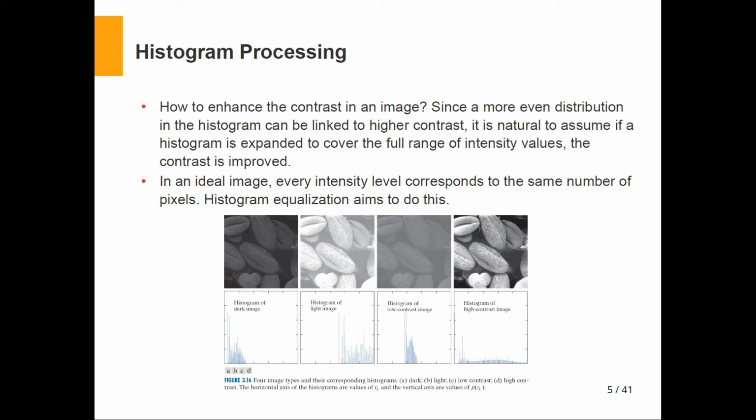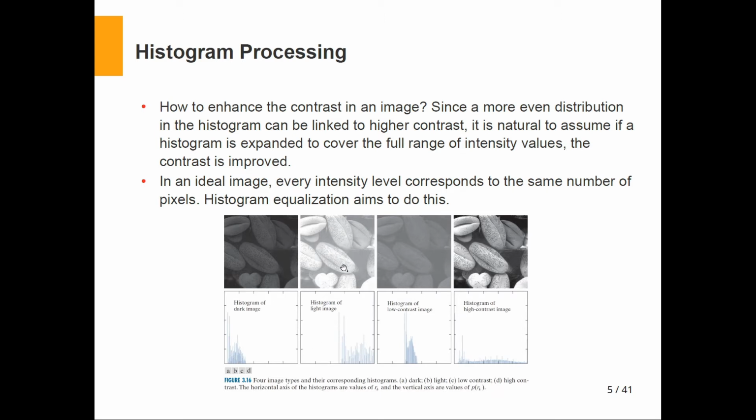So here we have four different images of the same scene, but with some problems with regard to the histogram. In the first one, the image is relatively dark, and as you can see in the histogram of the image, all the intensity values are located in the lower half of the intensity range, and that results in a generally dark image.